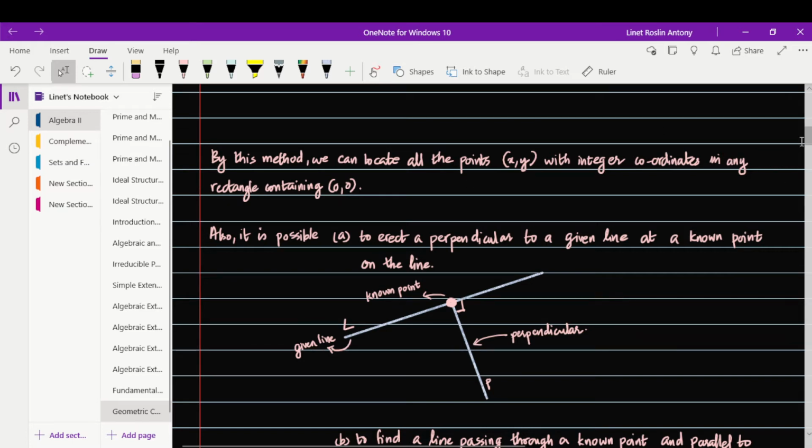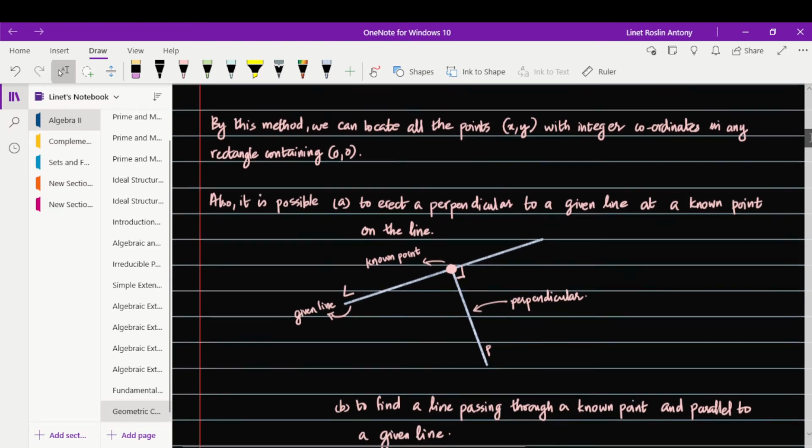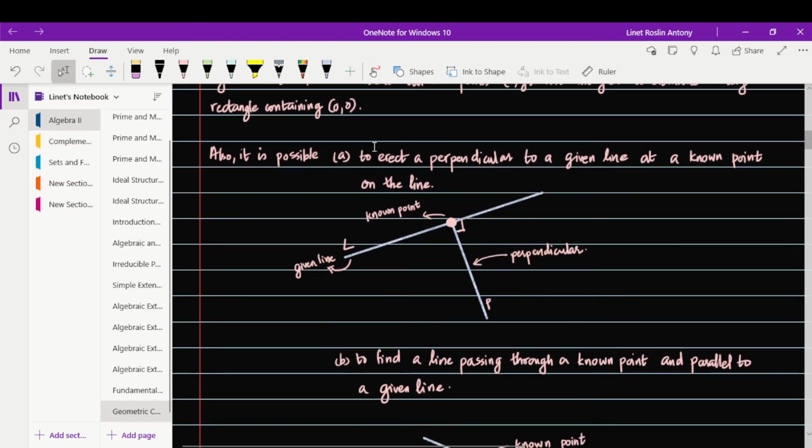Also it is possible that we can erect a perpendicular to a given line at a known point on the line. So suppose this is the given line L, and this is a known point, you can drop a perpendicular at this known point, and that perpendicular is at 90 degrees with the given line. Okay, so we are able to do that.